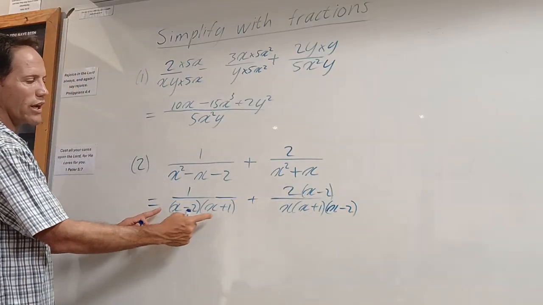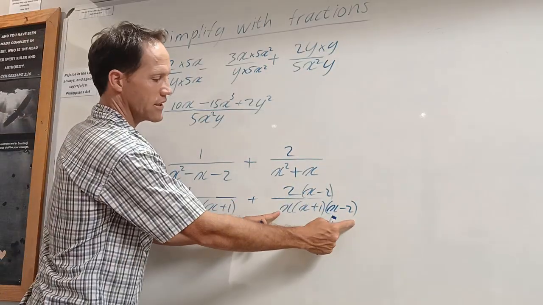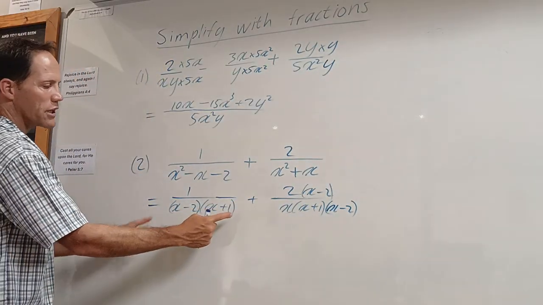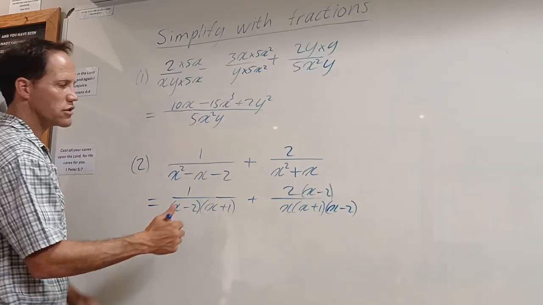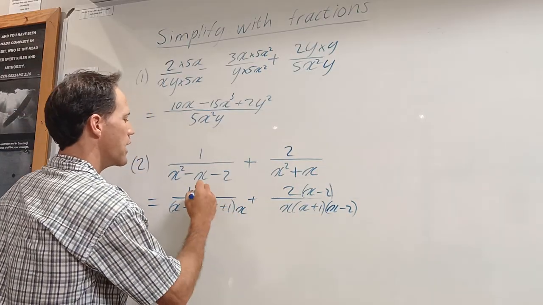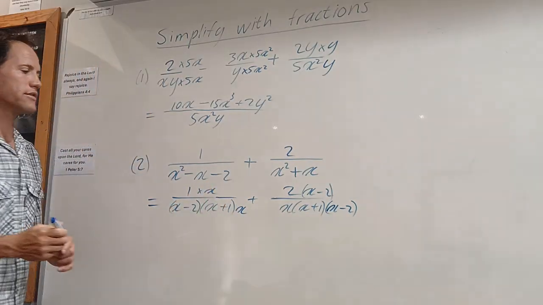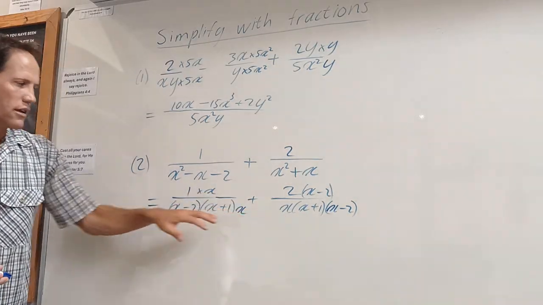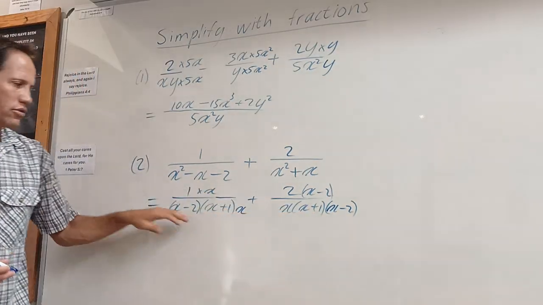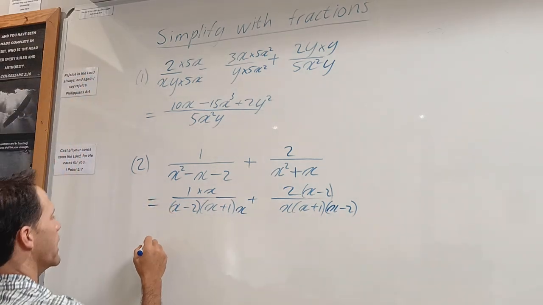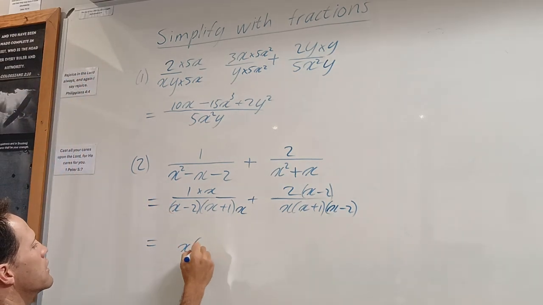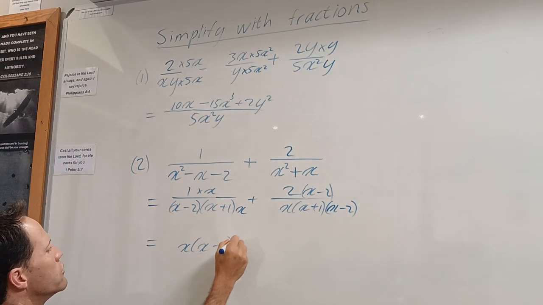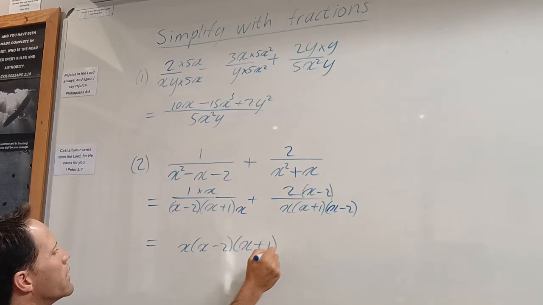And this one, what does this one not have? That this one has x. So I'm going to have to put an x on this one. So I put an x here, and then at the top you multiply by x. Now they look exactly the same. X, yes. X plus 1, yes. X minus 2, yes.